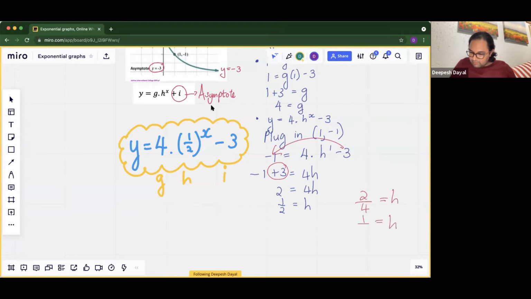That's where we got the half from. Does that make sense, Zimi? So we've got h is 2 over 4, which is half. And yes, Adam, it can be 2 to the -1. That's fine. But it's easier, I think, to represent it as half. Okay, great, Zimi. Thanks for that.